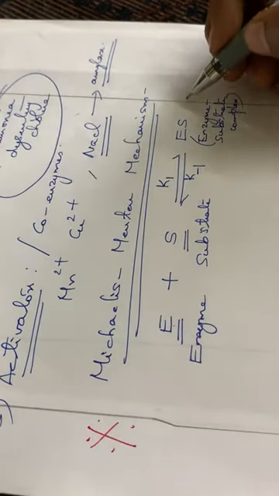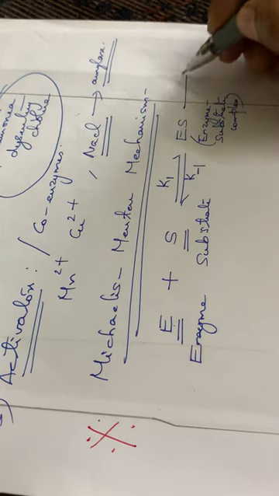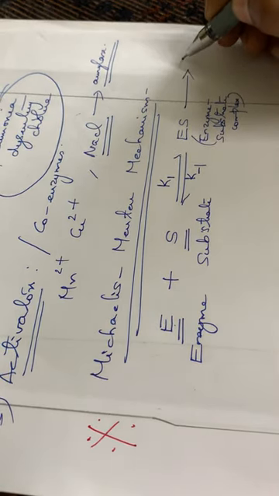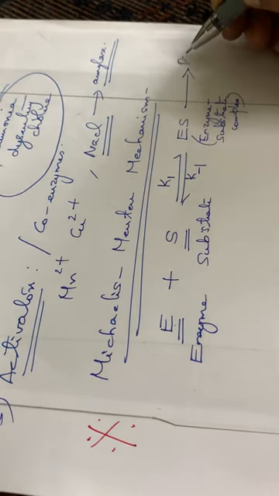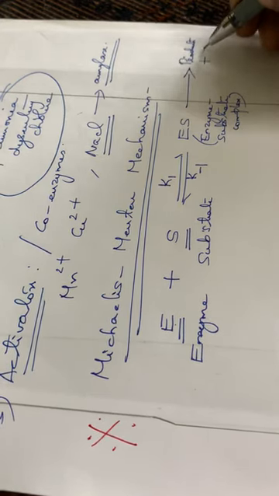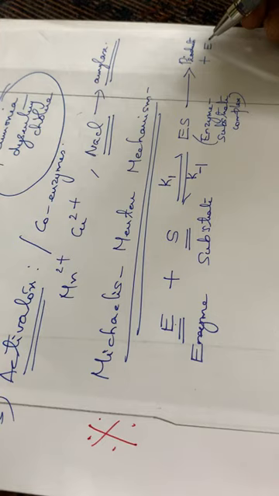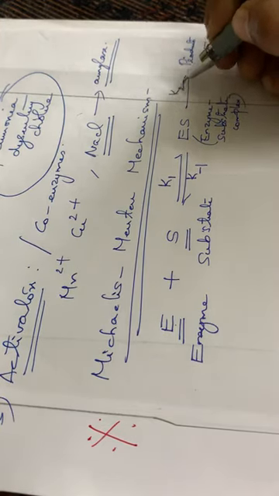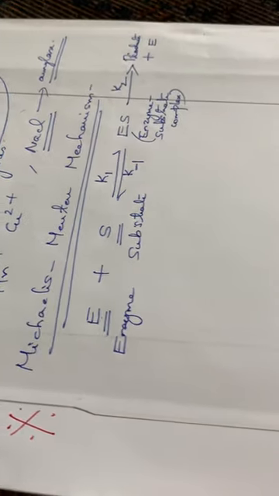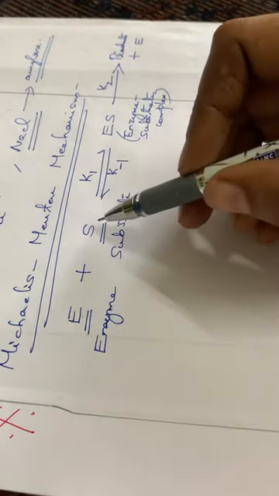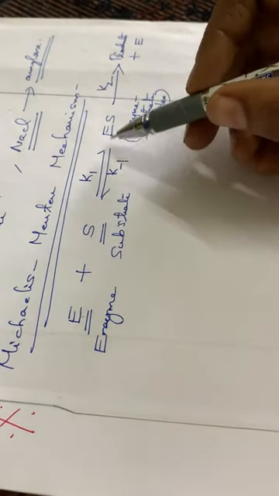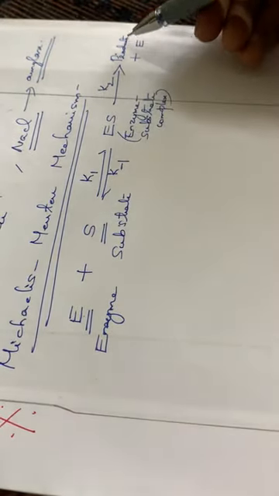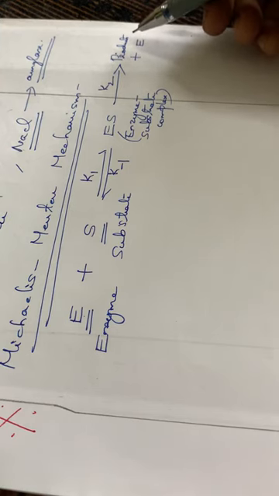Again, this enzyme substrate complex decomposes to give the products, plus the enzyme, which we obtain back. The rate constant of that particular reaction, let it be K2. So this is the enzyme reacting with substrate giving the enzyme substrate complex, which again decomposes to give the products.